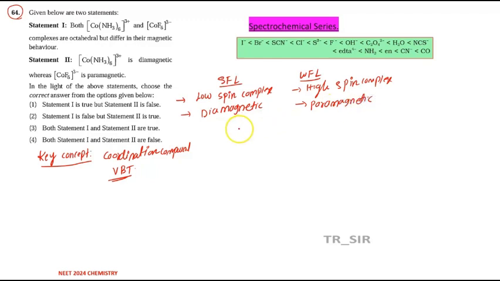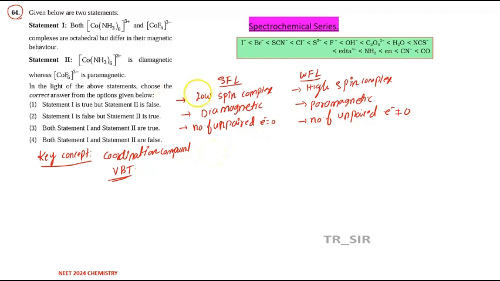In the first case the number of unpaired electrons will be zero. In the second case the number of unpaired electrons is not equal to zero, so it will have a paramagnetic nature.